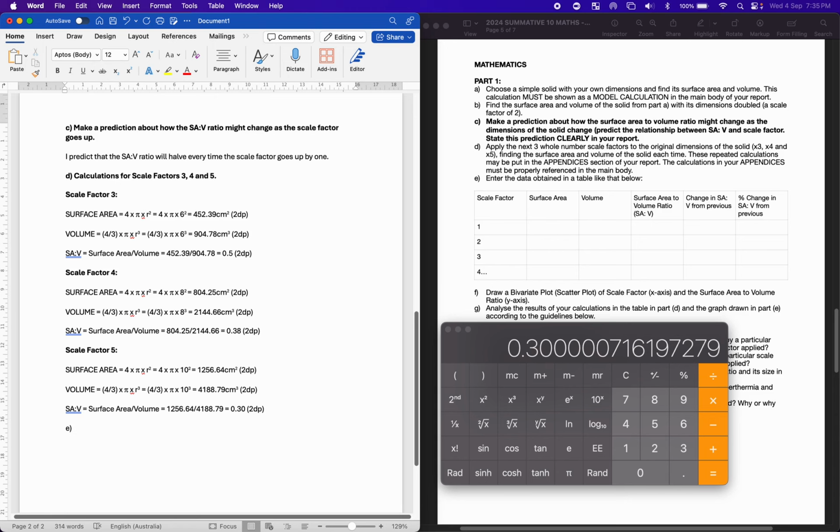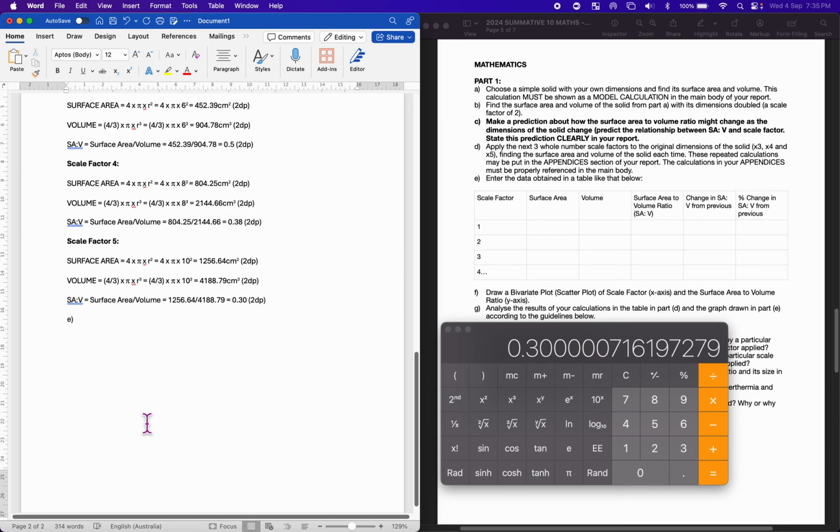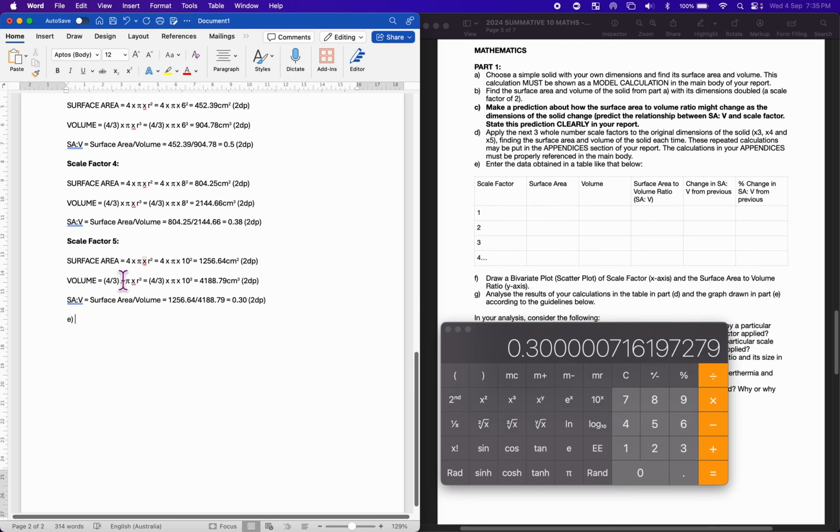Enter the data obtained in a table like below. So we have 1, 2, 3, 4, 5, 6. That table needs to go up to the scale factor of 5. Oh, 6 by 6. I need a 6 by 6 table.